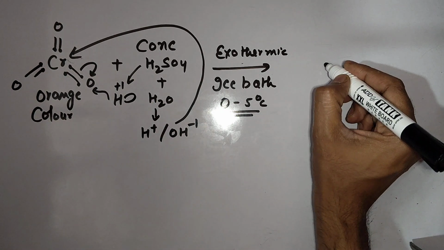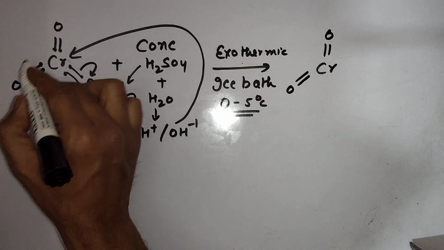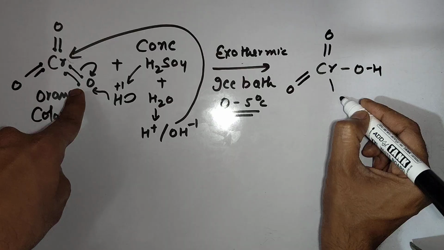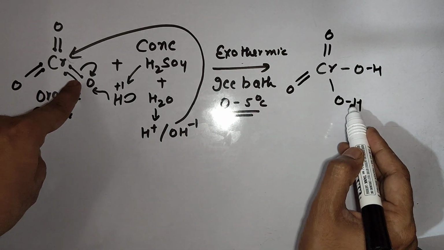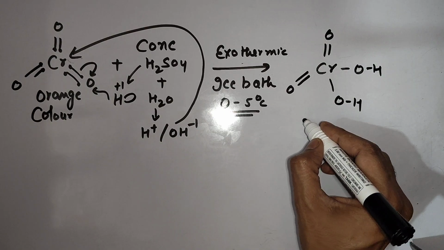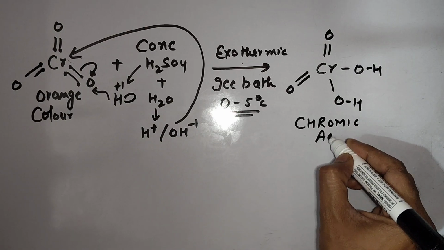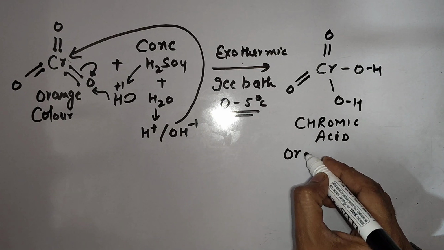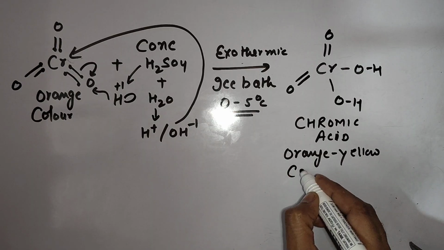So we will get these two oxygens as they are. Here we will have OH and this O will turn to OH. Out of 2, 1 bond will break and will join with H. Chromic acid. Chromic acid will generate an orange yellow color solution.